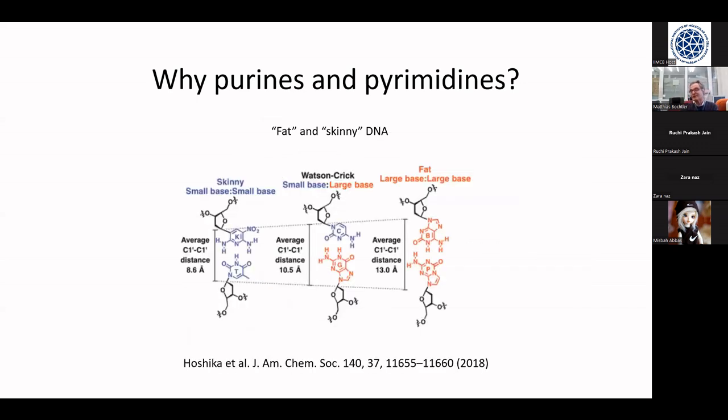It actually was not true initially for many of the synthetic alternatives that were developed. This is an example in JACS, not so long ago, of what they called fat and skinny DNA. There you basically violate the principle.